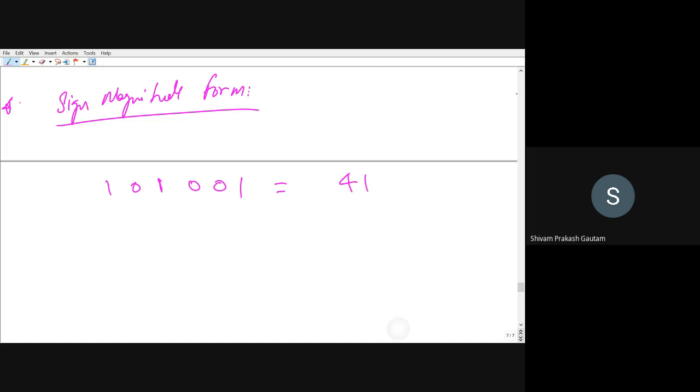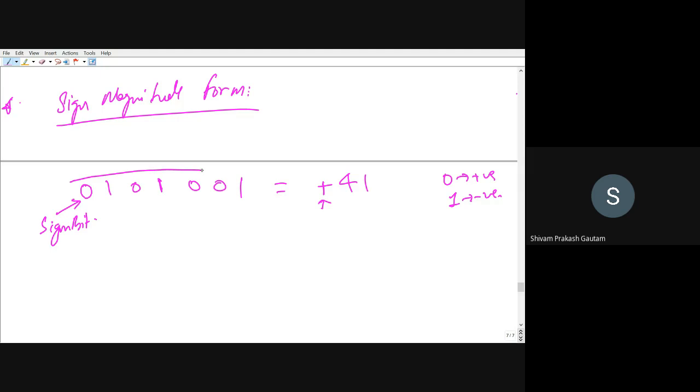Now, if I say that this number is positive 41, then in the MSB, this is the way of representation. There is no hard and fast rule. If we have a positive number, then we will put 0, and this MSB represents the sign bit. 0 means positive number and 1 means negative number.